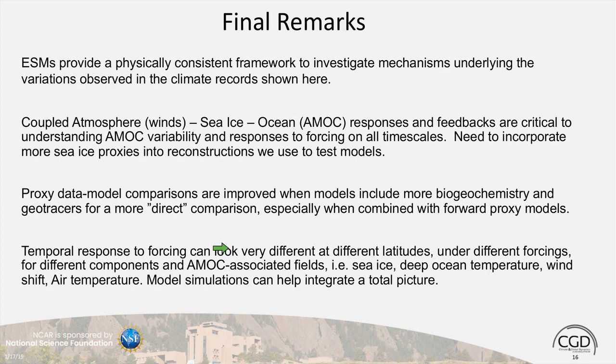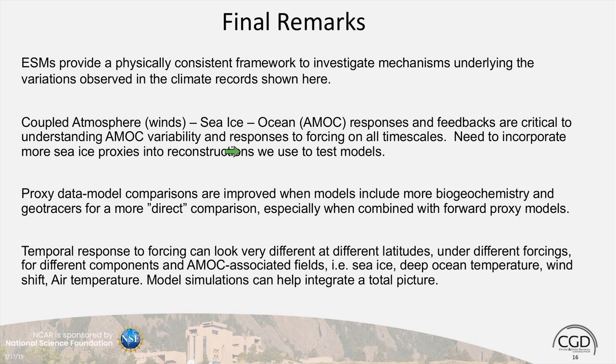So to end, I just have a few thoughts. Earth system models provide a physically consistent framework to investigate mechanisms underlying the variations observed in the climate records. Coupled atmosphere, sea ice, ocean, or AMOC responses and feedbacks are critical to understanding AMOC variability and its role in climate change and its responses to forcing on all time scales.